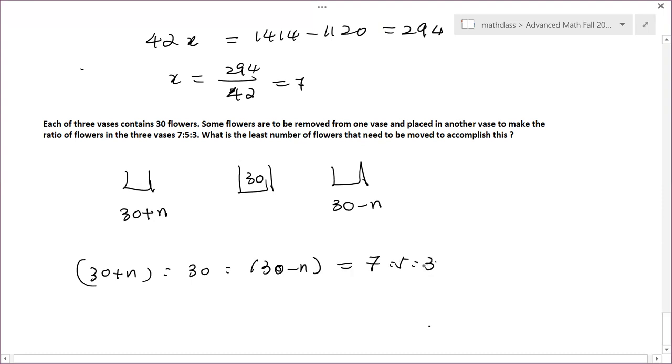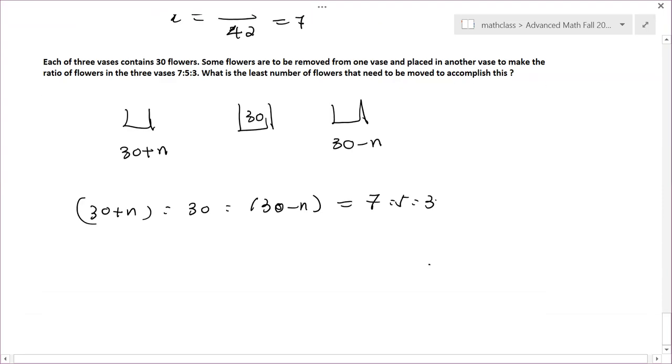Let's try. If you have a ratio problem, you always introduce a variable t here. 30 plus n equals 7t, 30 equals 5t, and 30 minus n equals 3t.